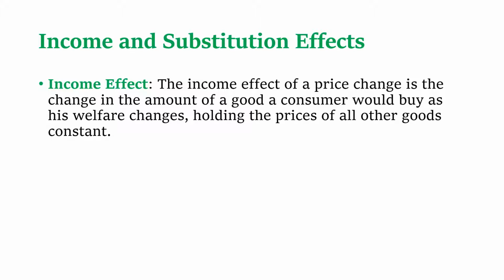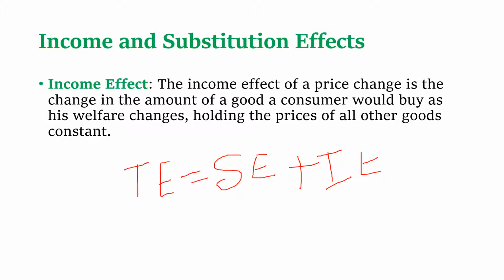Again, the total effect is equal to the sum of the substitution effect and the income effect. So if we add those two, then we're going to get the total effect.